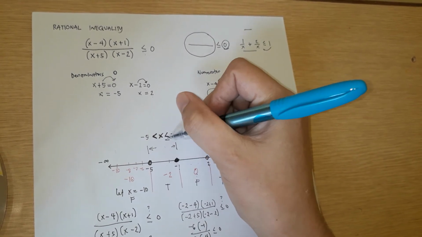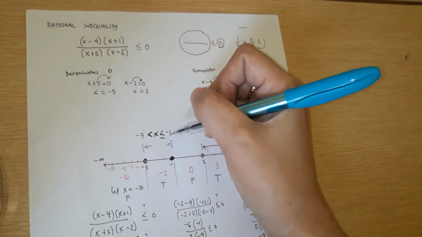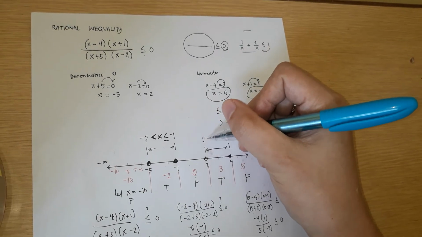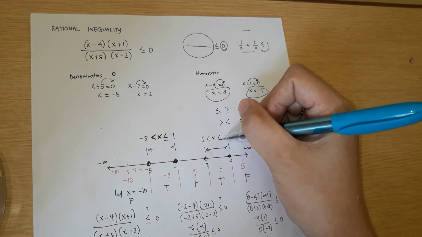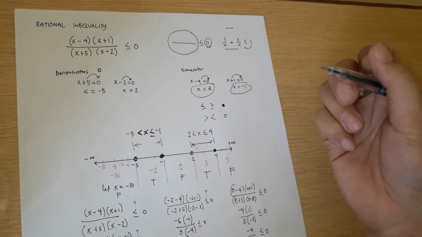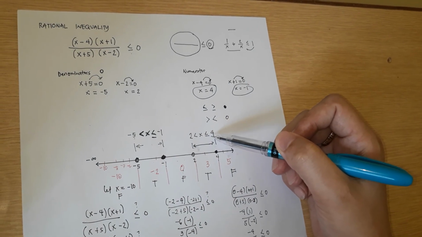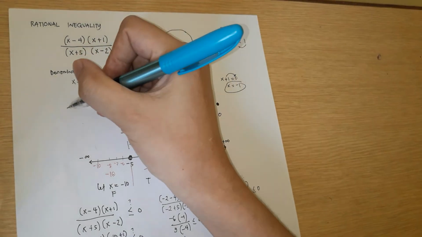Kapag shaded siya, lagyan na siya ng equal. Ibig sabihin, x is between negative 5 and negative 1. This one is hindi siya shaded, so less than lang. X. Shaded siya, so may equal 4. So this is x should be between 2 and 4, including the 4. So the answer for this rational inequality is this one.